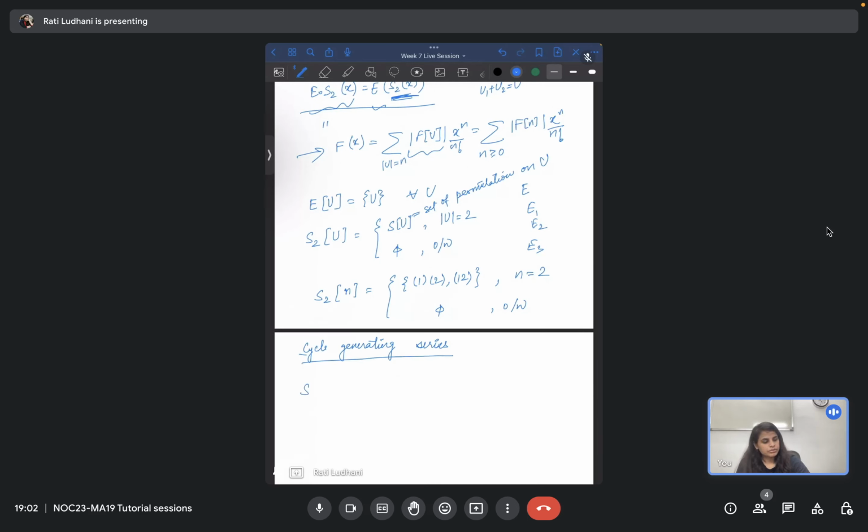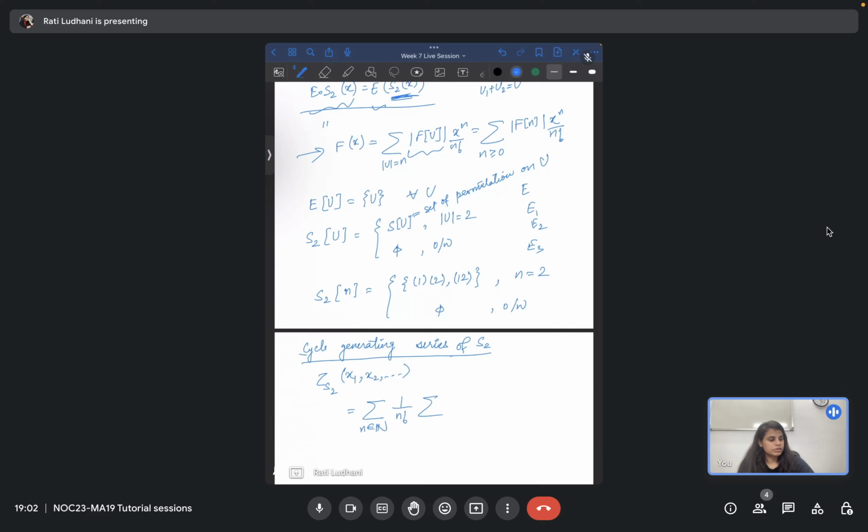So you are trying to calculate Z_S2 of x1, x2, up to and so on. What does this say? Again, summation over n belonging to the naturals, 1 by n factorial, summation.